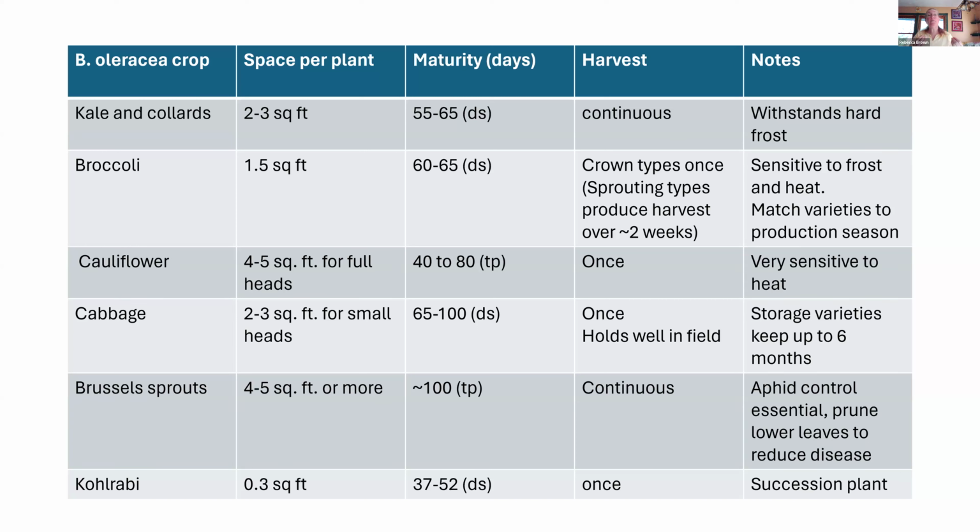So for instance, kohlrabi, you could plant every, say, 2 to 4 weeks. Broccoli, which is 60 to 65 days from direct seed, you're going to want to plant a range of different varieties that mature at different times. And you also have a spring, an early summer, a late summer, and a fall crop.